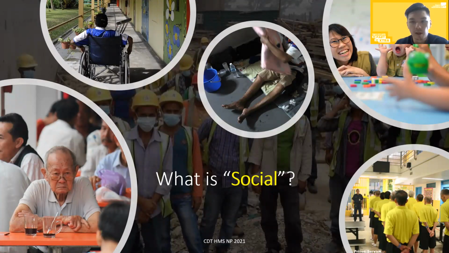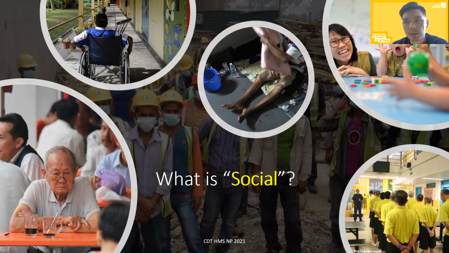All right, let's move on now. We'll talk about the social bit. So we are moving into the space of people. When we talk about social, it's not just about human interaction, but really it's about knowing the different aspects of society and community.